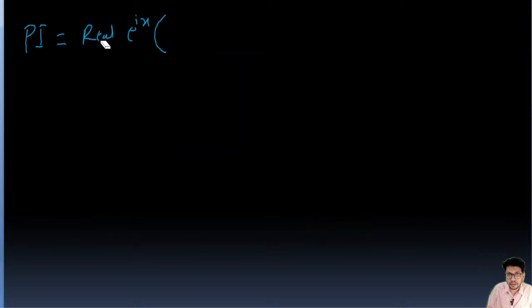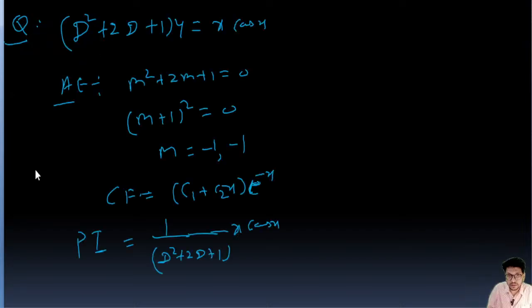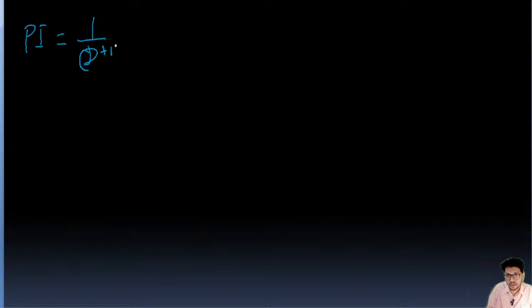So write like this: 1 upon (D plus 1) whole square, x cos x, we can write as the real part of e to the power iota x, right?